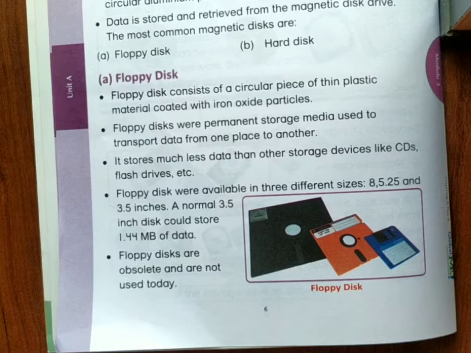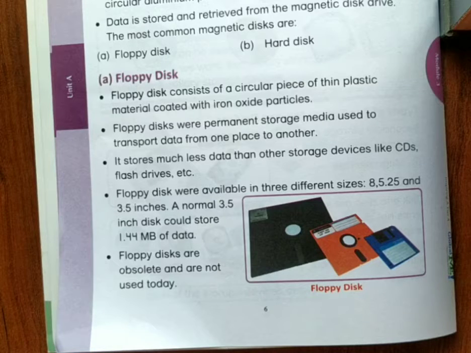Before, I told you that data can be transferred from one place to another, but when you store it in the floppy disk, it is a permanent storage device. Next, it stores much less data than other storage devices like CDs and flash drives. Floppy disks were available in three different sizes: 8, 5.25 and 3.5 inches.